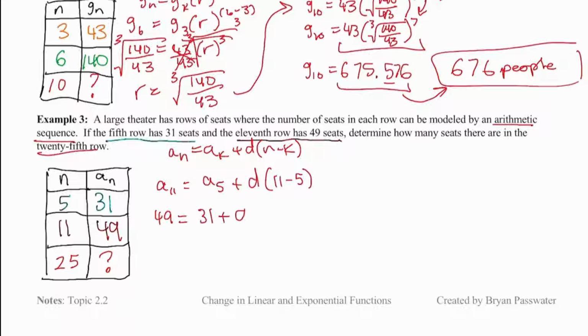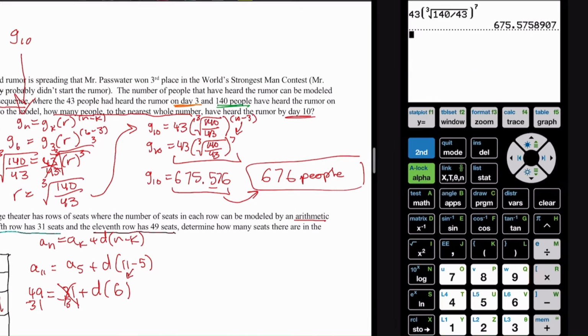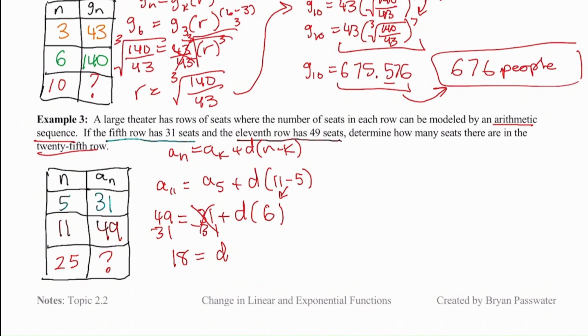Plus D, and then 11 minus 5 is equal to 6. And then we just simply solve for that. This one's easy because it's just addition, no cube rooting or square rooting. So 49 minus 31 is 18. I definitely do not use the calculator for that. It's equal to D times 6. We don't have to put the parentheses, but I guess I'm doing it. Then just divide. So D is equal to 3.